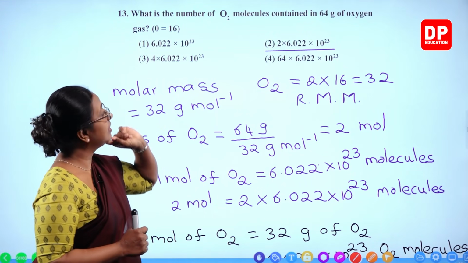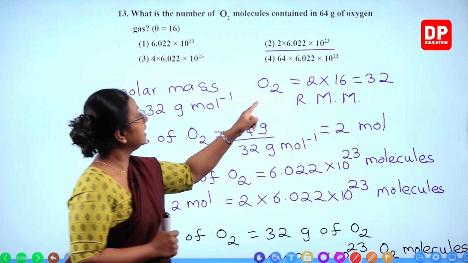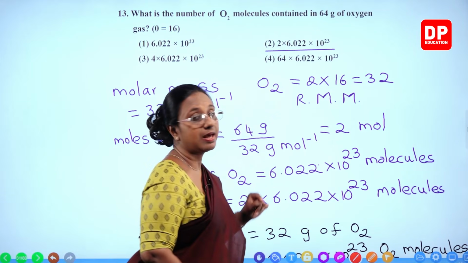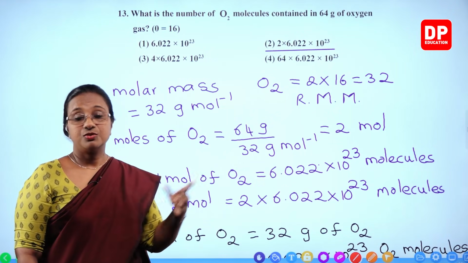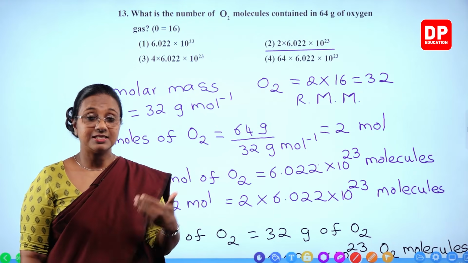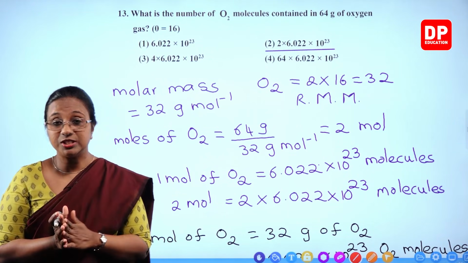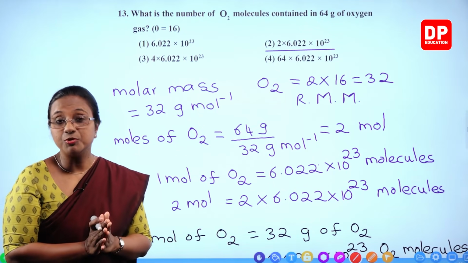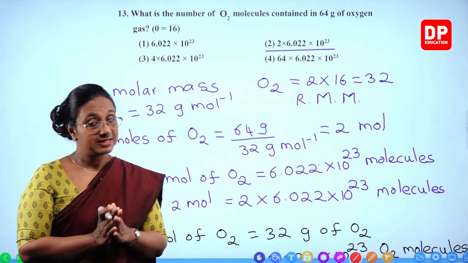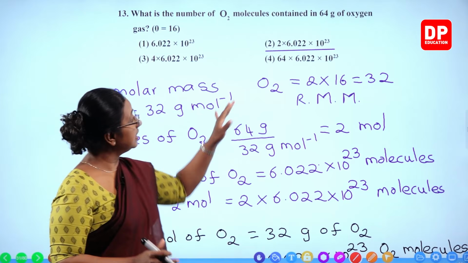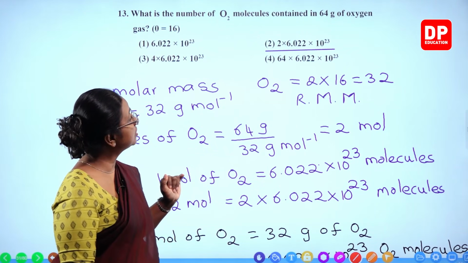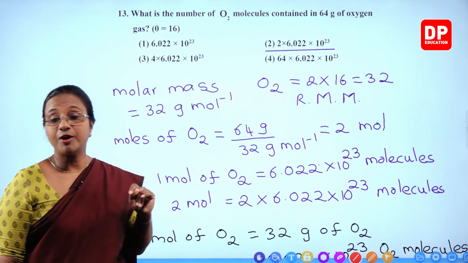That is why they have given this answer. And here, of course, directly they have multiplied by the mass. So that is how they give answers. The answers are also related to the concept in some way or the other. You have to select the most appropriate answer. Is that correct? Here, of course, it is the correct answer, 2 into 6.022 into 10 to the power of 23.